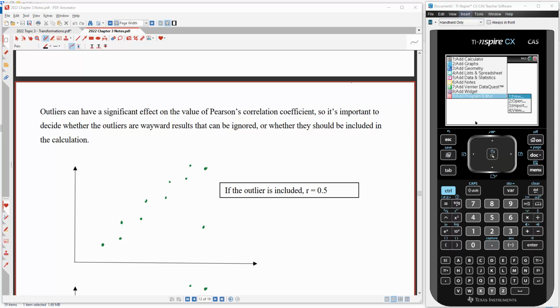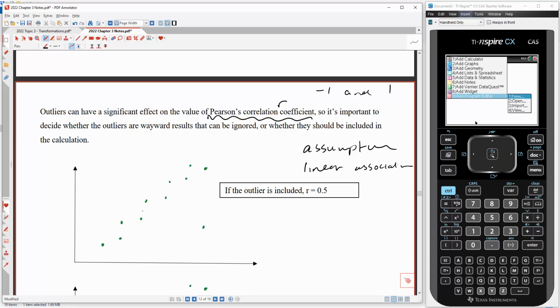Now, remember that if we are using Pearson's correlation coefficient, or the r value, which is that number between -1 and 1, it does assume that the data, so these are the assumptions when we use Pearson, that there is a linear association.